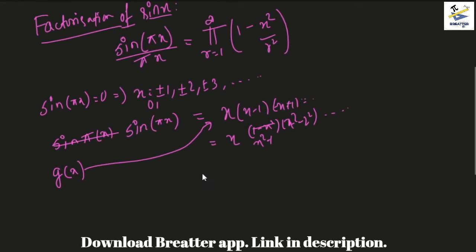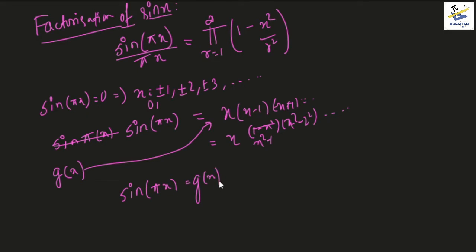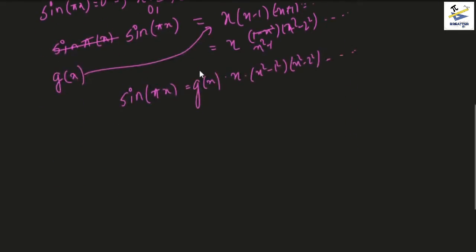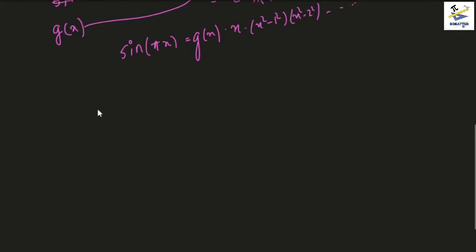So he said that sin of pi x should be equal to some function g of x multiplied by x multiplied by (x square minus 1 square), (x square minus 2 square), and so on. That g of x was such that it turned out to give this function. So it was proved later, but Euler had guessed it correctly without proving it. Regardless of that, we know the factorization is this. So let us make use of that.